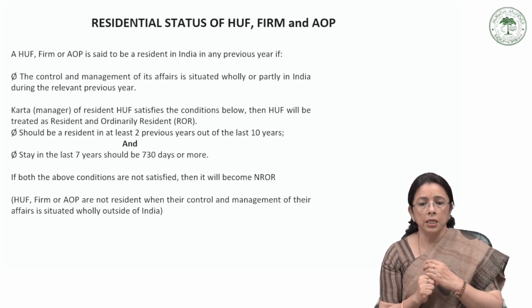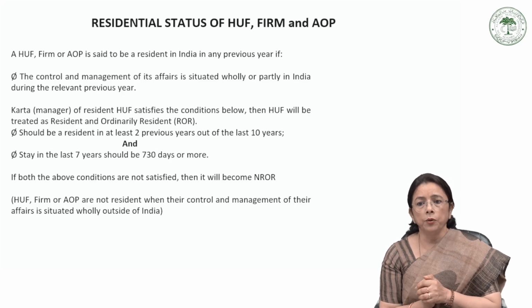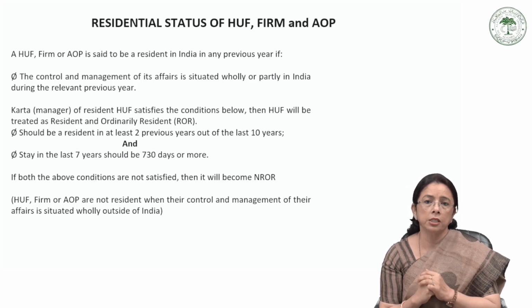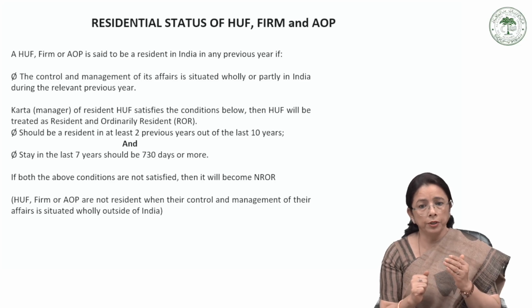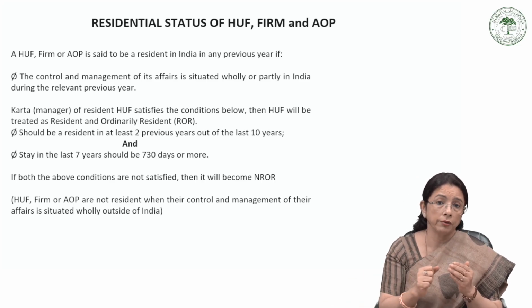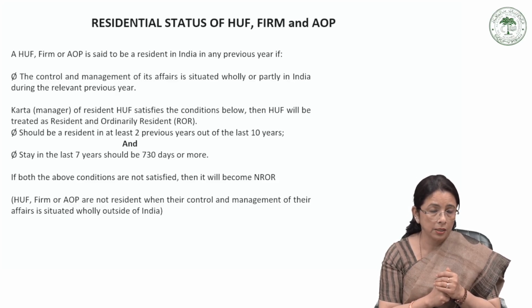Suppose the Karta stayed in India for 800 days during the last 7 previous years, and he satisfies that. Here, what do we find? The Karta was resident in India out of the 10 previous years for 3 years, so obviously, as we said, he should have stayed here at least 2 years, so it is more than 2 years. The second condition was that he should have stayed for more than 730 days in the last 7 years.